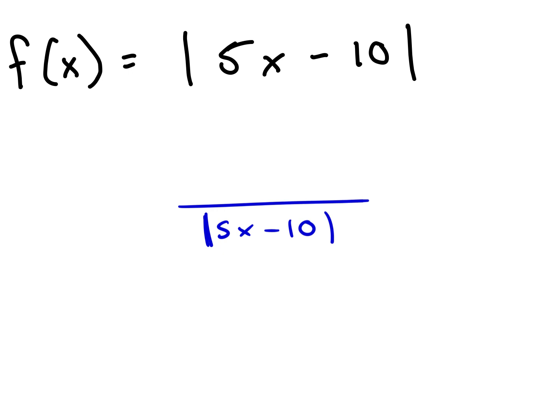What's in our absolute value goes up top, so 5x minus 10 would go up top. But we also have to multiply this times the derivative of the inside. What's the derivative of 5x minus 10? 5. Perfect. So you'd have 5 times 5x minus 10 over the absolute value of 5x minus 10.